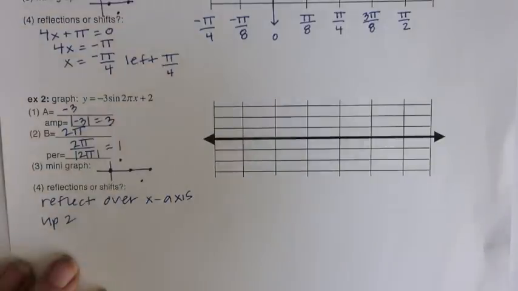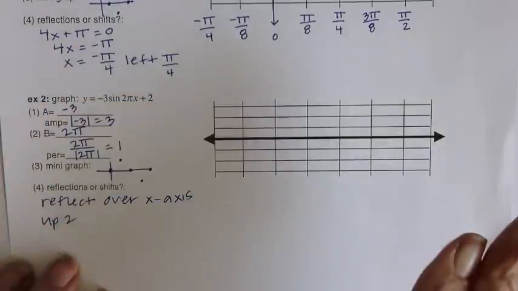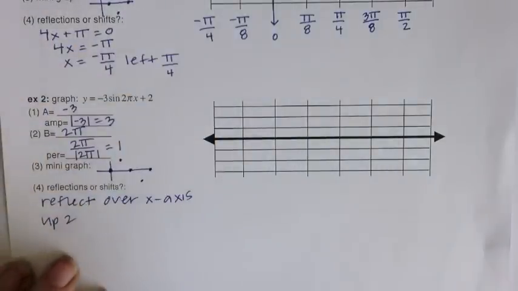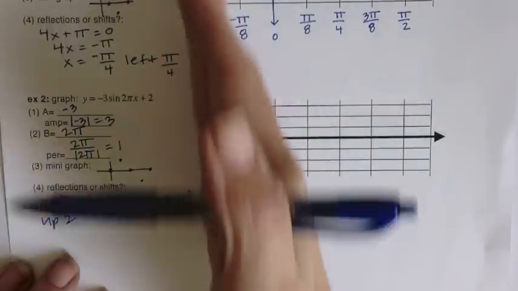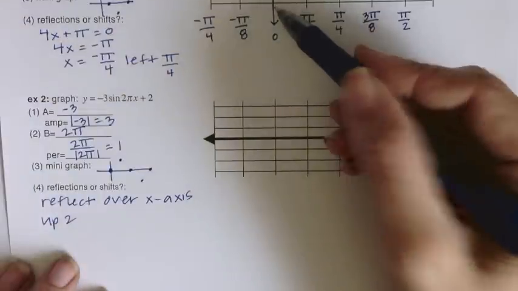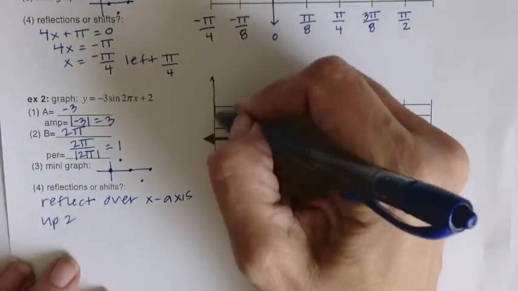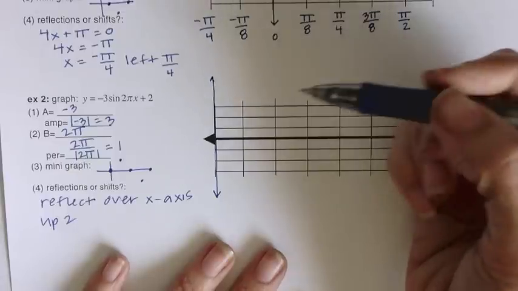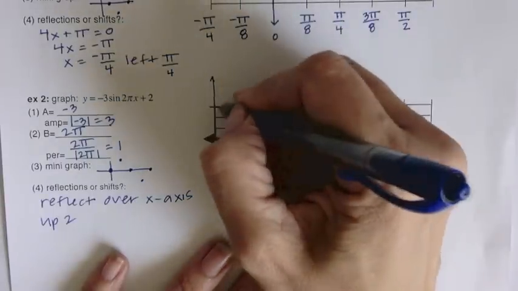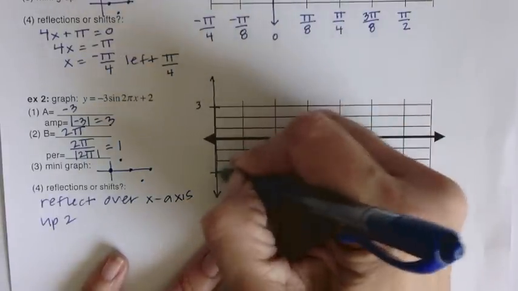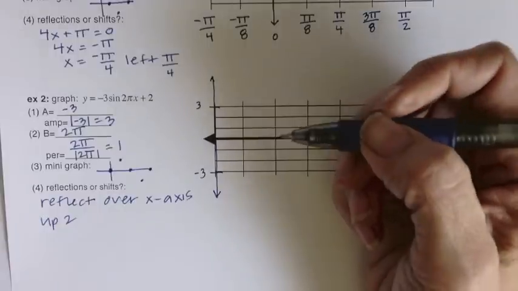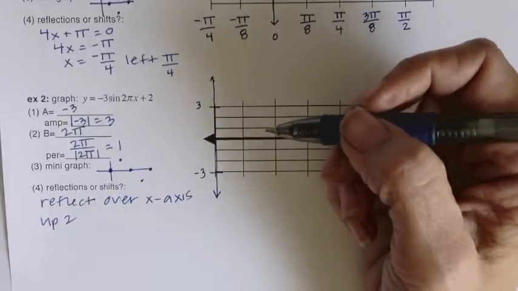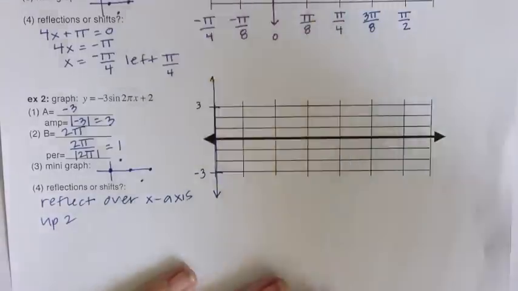Because I'm not moving it left or right at all, I'm not going to switch my y-axis to be somewhere else like I did here. However, you probably want to make sure you're careful here, because even though I'm going to label this 3 and -3, once I graph my parent graph and then shift it or reflect it and move it up 2, it's going to go off the charts.